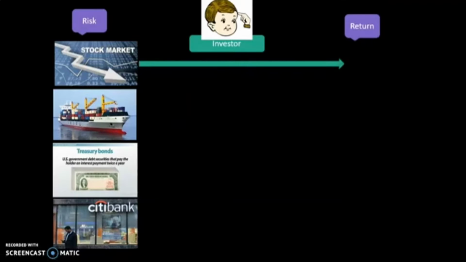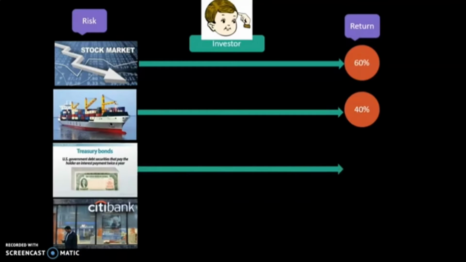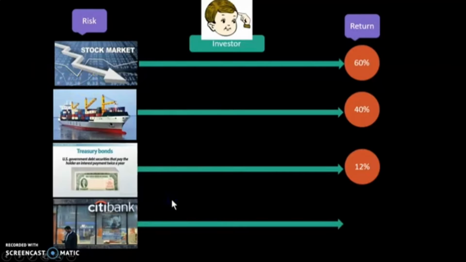If he invests in the stock market, the return will be 60%. If he invests his fund in shipping business, the return will be 40%. If he invests in treasury bonds, the return will be 12%, and lastly if he invests in a bank, the return from the bank is 6%.